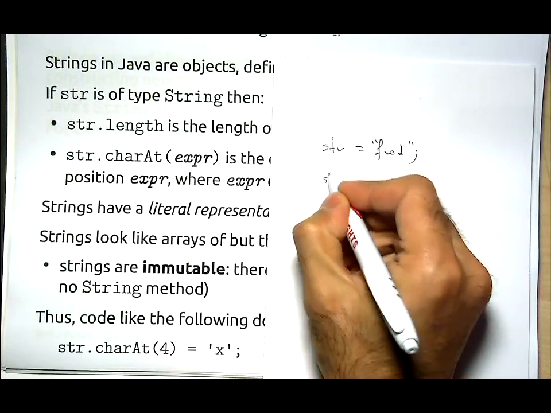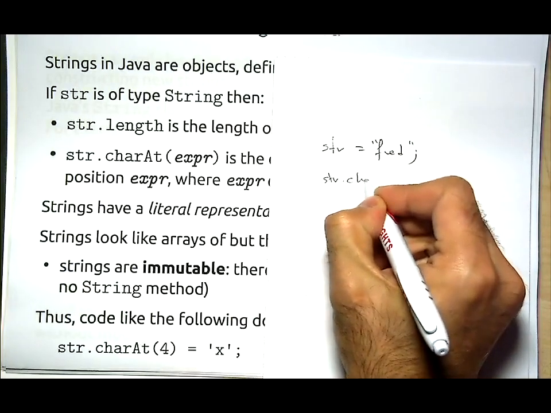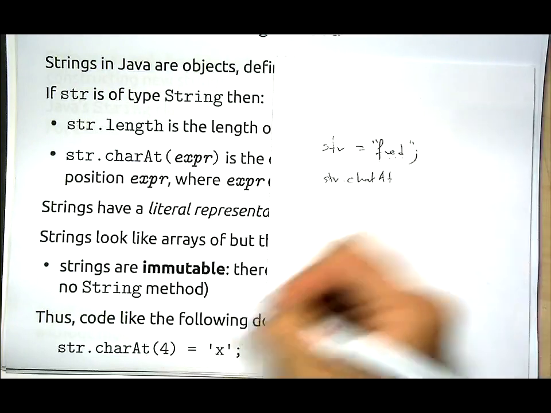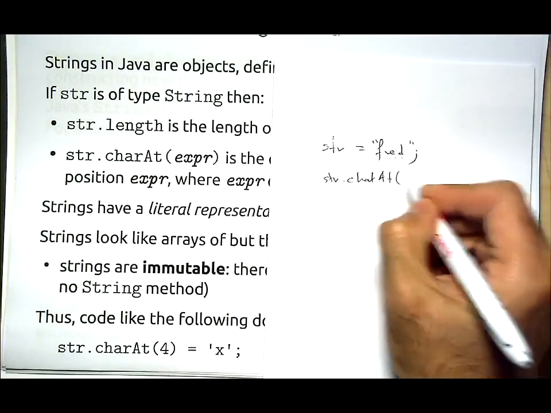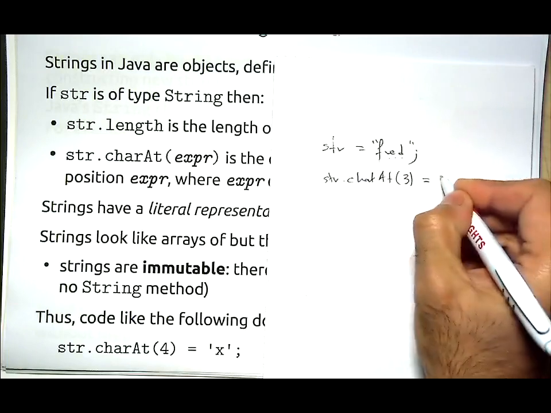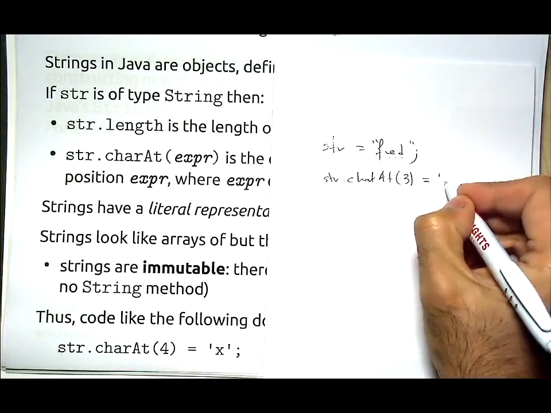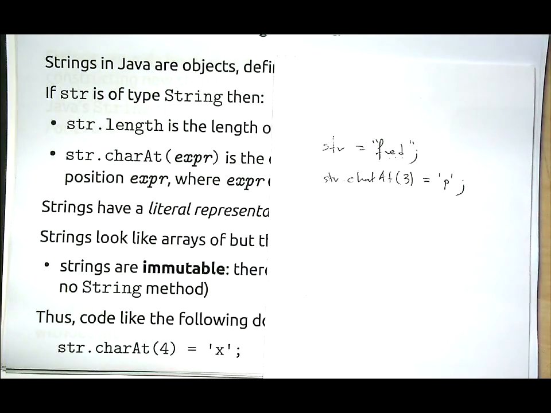Can I then say str.charAt(3) equals, since this is 0, 1, 2, 3, and I want to change Fred to, I don't know, Frep?